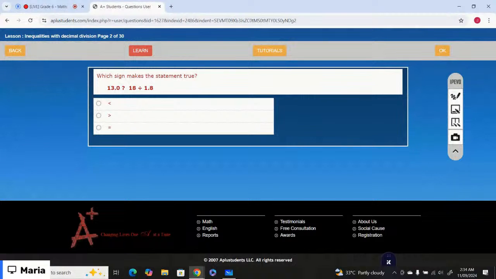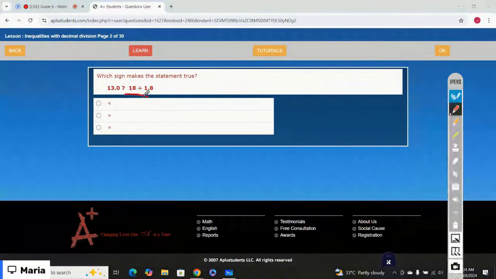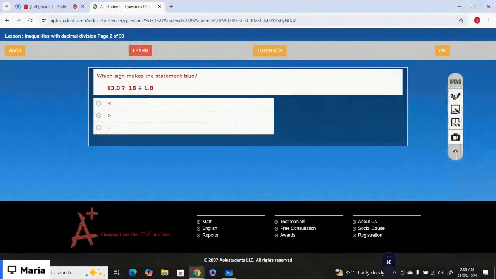So 13.0 and 18 divided by 1.8. For the second one, 18 divided by 1.8, you need to move the decimal point one place right. That is 180 divided by 18. So 180 divided by 18 is 10. So 13 is greater than 10 or less than 10? 13 is greater than 10.